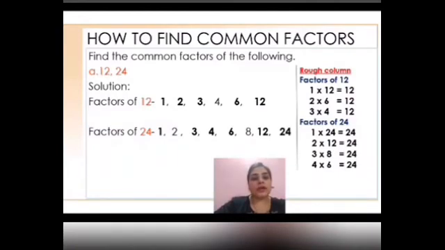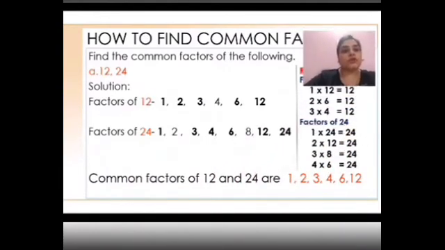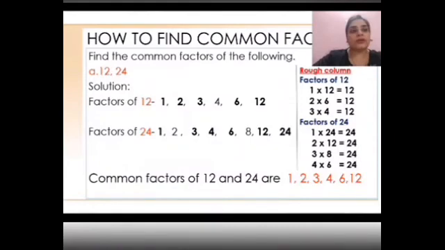Now we have to find the common factors of 12 and 24. Let us find the common factors, students. See here, 1 is common in both the numbers. Then 2, then 3, then 4, then 6, then 12.